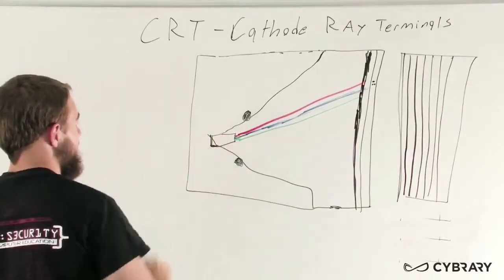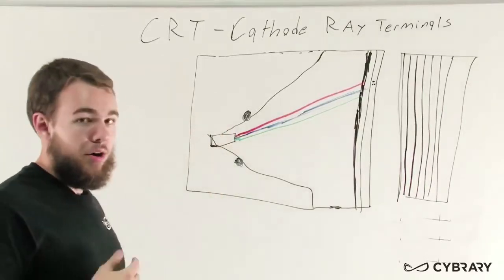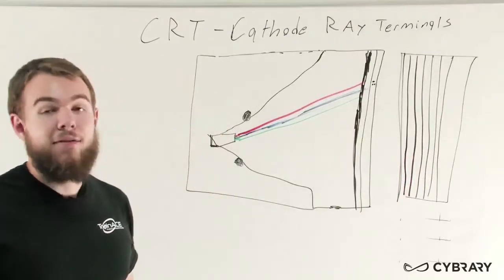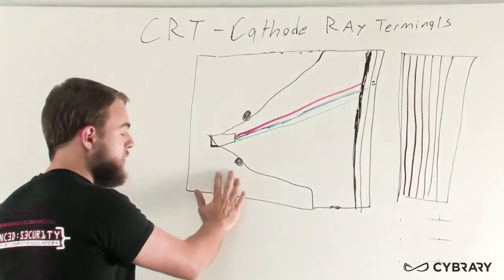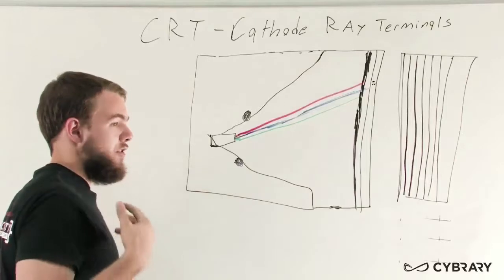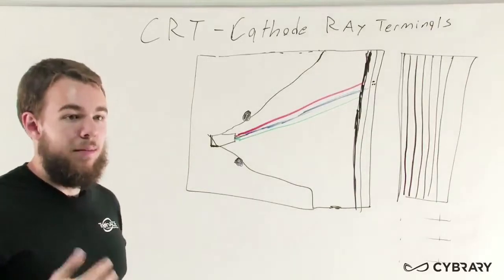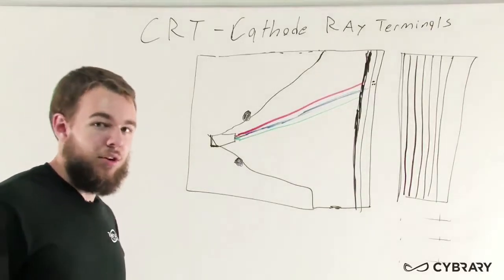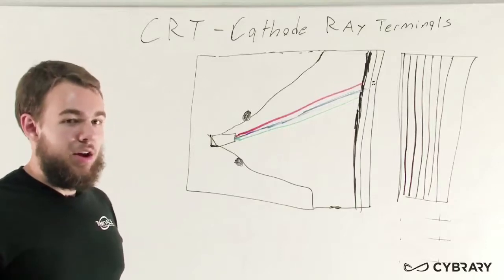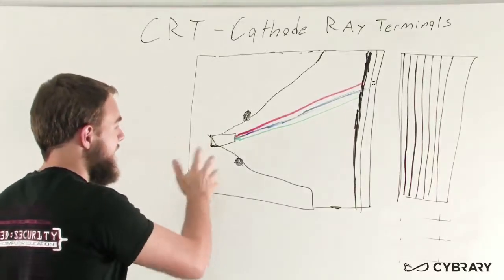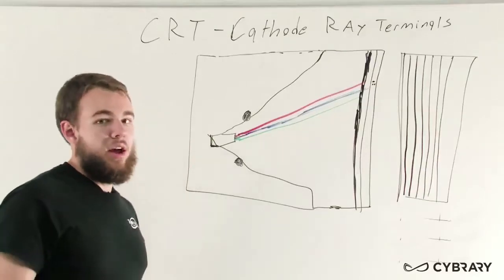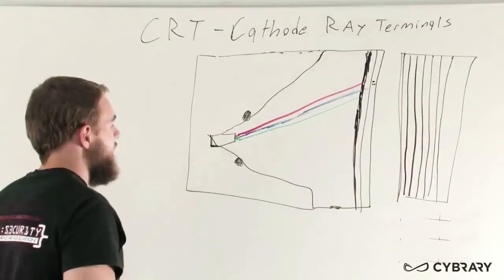We want to keep in mind that when it comes to CRT monitor disassembly, there is high voltage in CRT monitors. There's a lot more voltage used to run a CRT monitor than, say, a standard laptop monitor or an LED or LCD screen, just because of all the magnetic components being powered, the electron beams and the deflector coils.